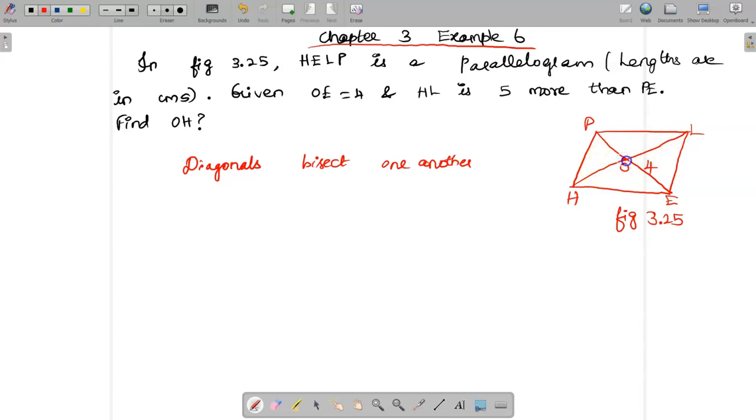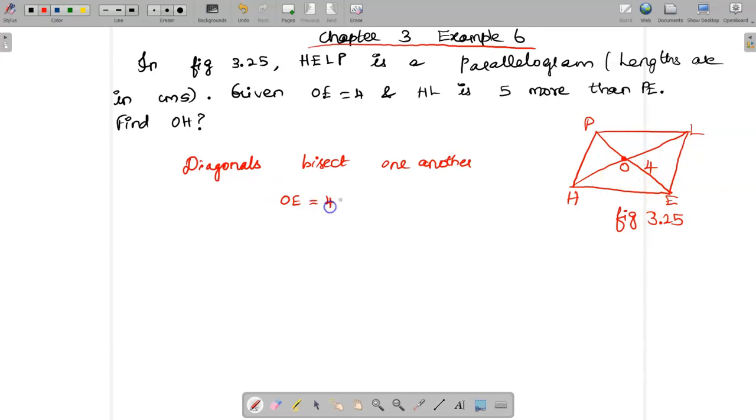When this is the intersecting point, PE is dividing HL such that OH and OL are equal in length. Similarly, OP and OE are equal in length. So like that, these two diagonals bisect each other. This is another property of the parallelogram.